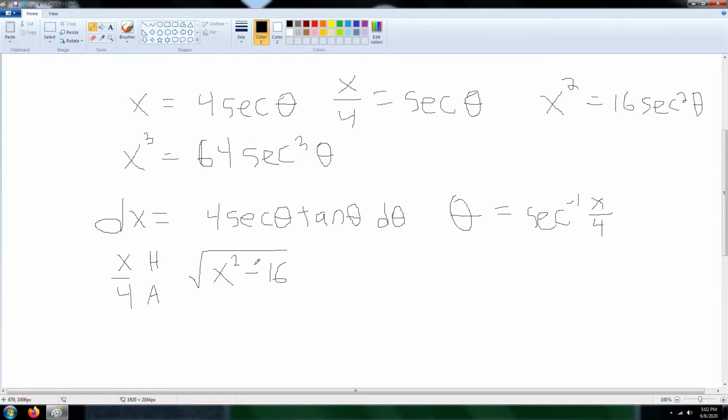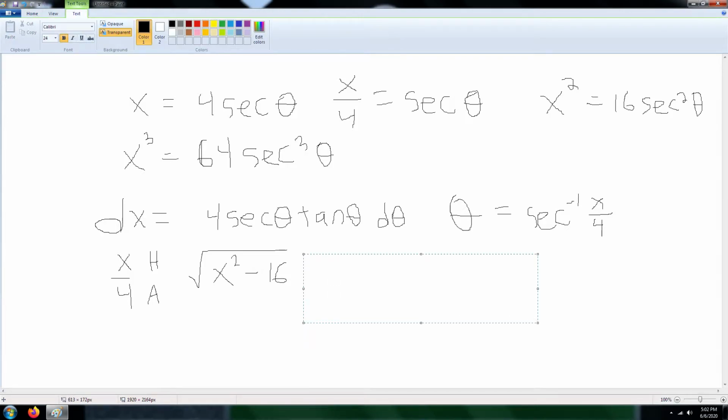Okay. X squared minus 16. Alright, and remember that this one here is the opposite. Actually, you know, it's easier if I just type it out. I hope that all of you can read it.